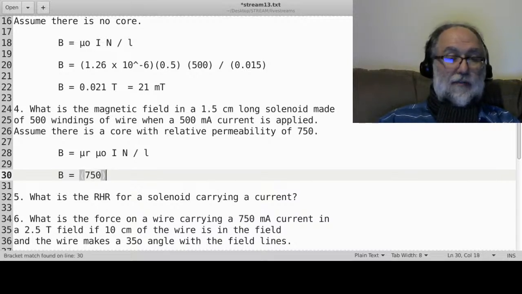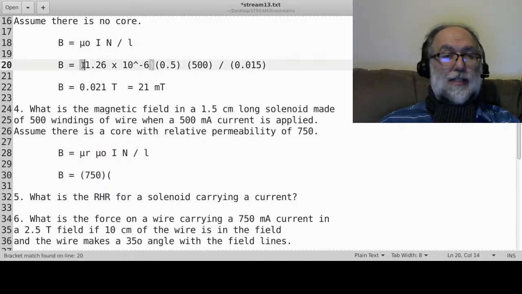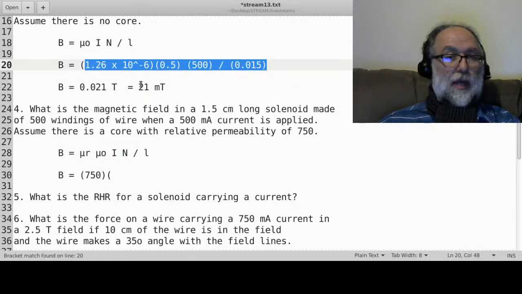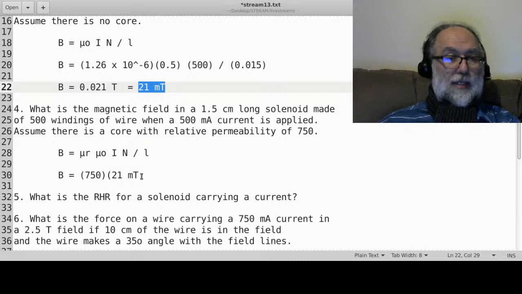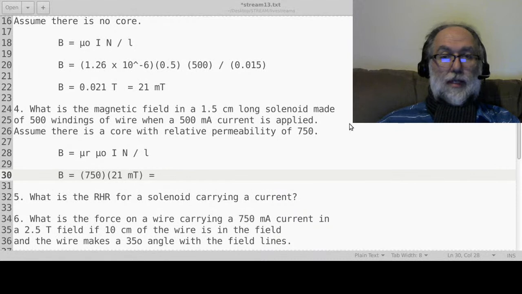That's our relative permeability multiplied by mu naught I N divided by L, but we did that already. Okay, it's the exact same numbers as right up here. Okay, and that turned out to be 21 milliteslas, like that. And so what's that going to equal? So that's going to be, multiply that by 750. Whoops, let's do this right.